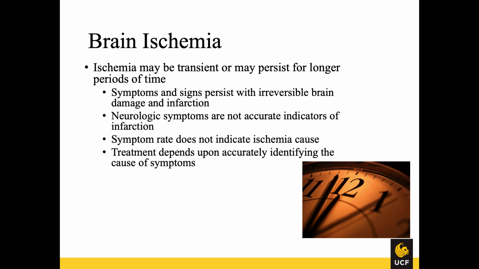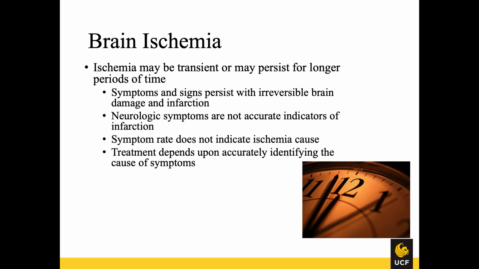In an acute presentation, neurologic symptoms are not necessarily accurate indicators of infarction. You may not actually see the neurologic sequelae and damage until several days after the infarct has taken place. So you may not be able to look at an infarct or the symptoms and say, this is an indicator of the degree of infarct the patient is presenting with.